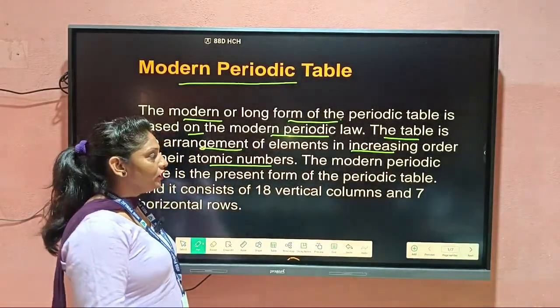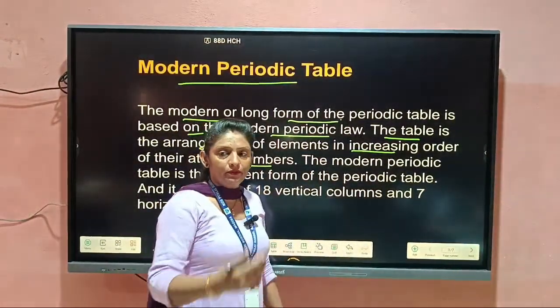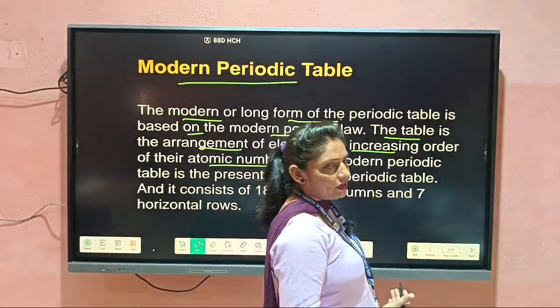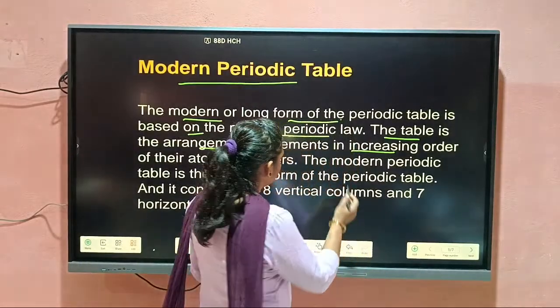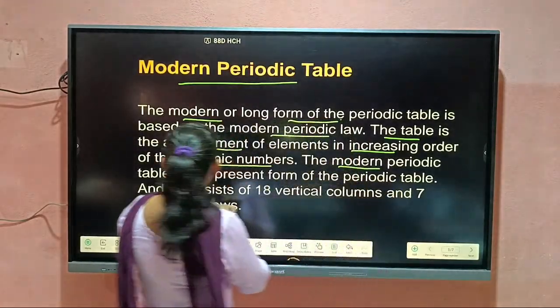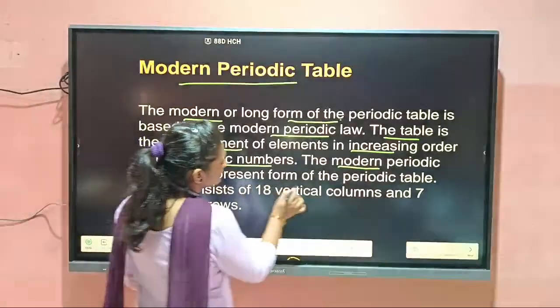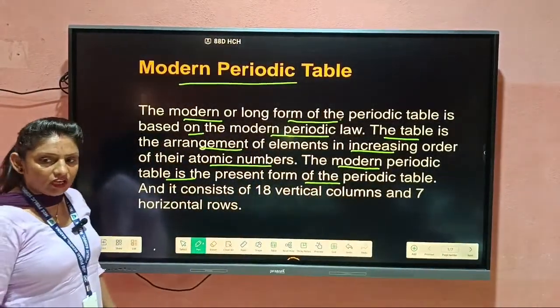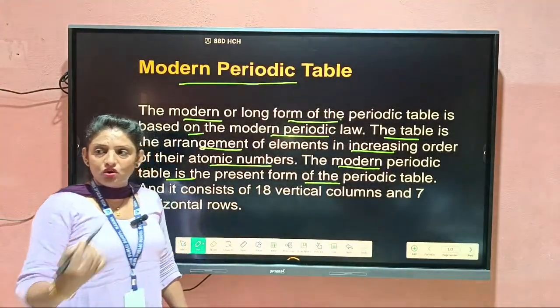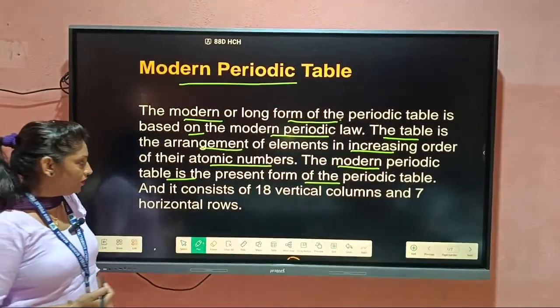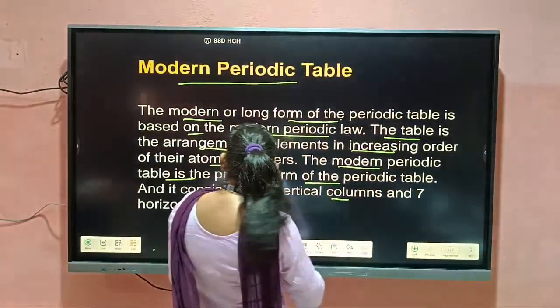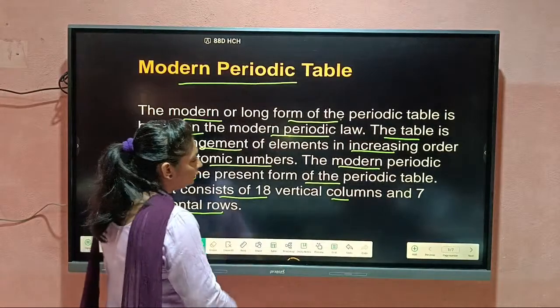The modern periodic table is the present form of the periodic table, meaning the table which we are using these days. It consists of 18 vertical columns and 7 horizontal rows.